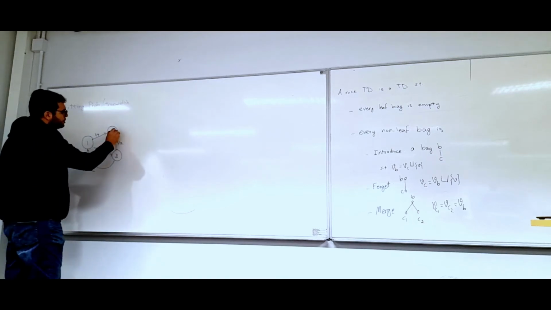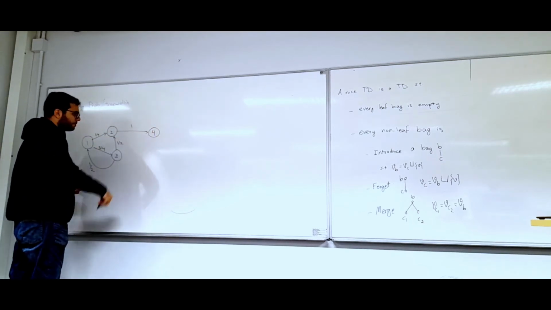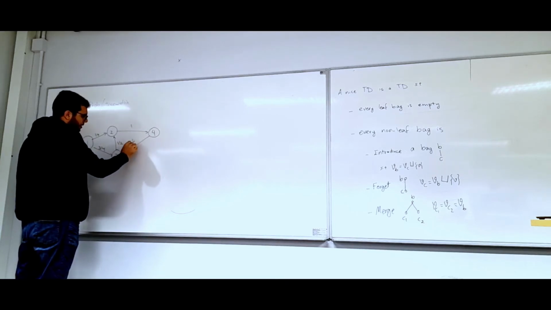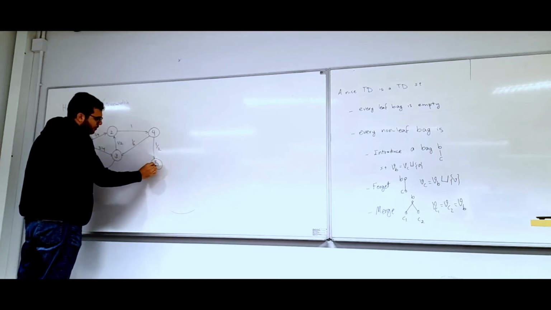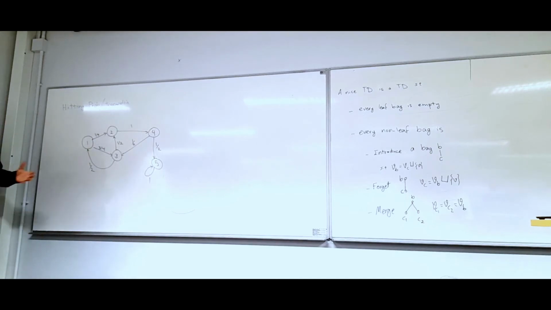And let's see, from 2, let's say with probability 1, I go to 4. And from 4 with probability half, I go back to 3, with probability half, I go to 5. And when I get to 5, I always stay there with probability 1. Okay? So this is a Markov chain.